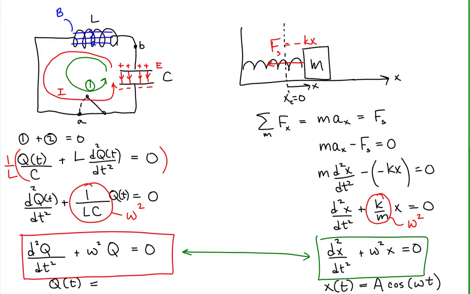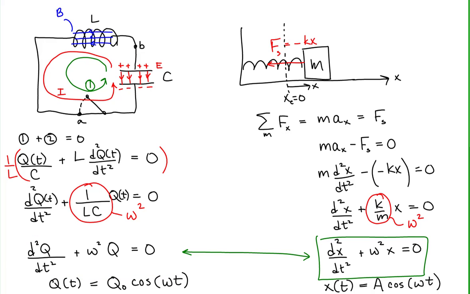And that solution is equal to the amplitude of the charge, which is the charge we started off with at time t equals 0, times the cosine of the product of the angular frequency and time. Remember, identical equations have identical solutions.